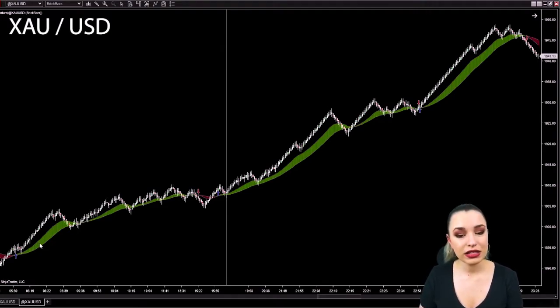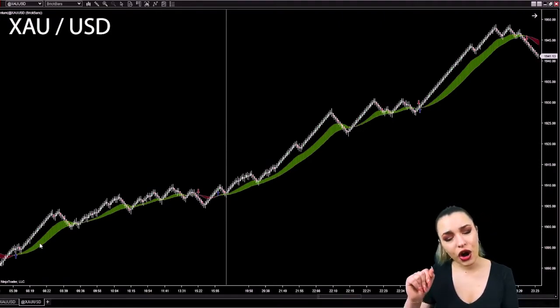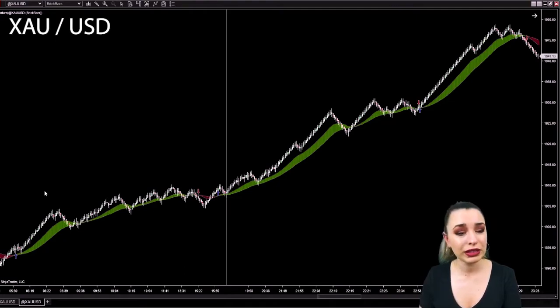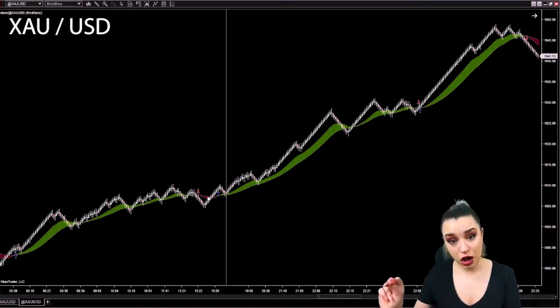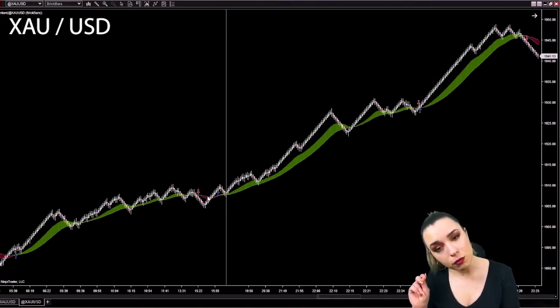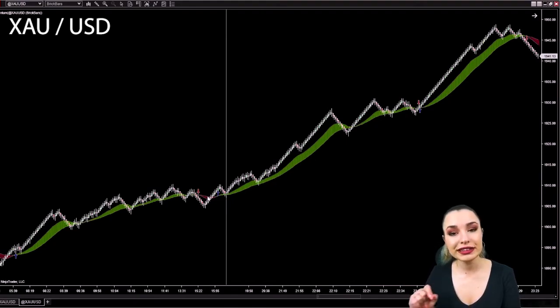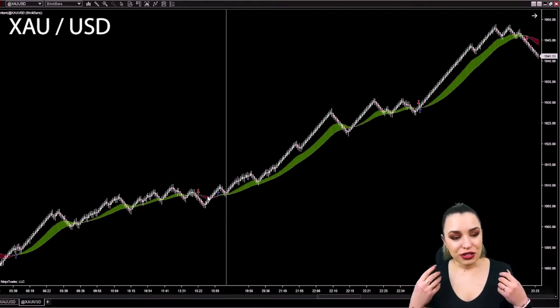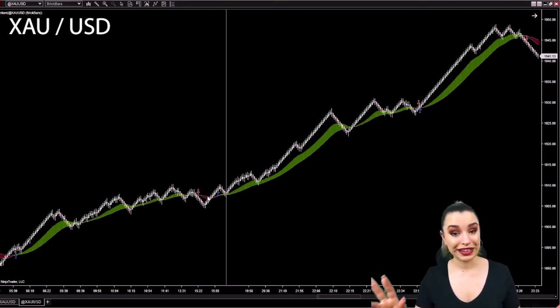This started with a potential of 1890 in terms of price and has gone all the way up, with an exception of a really small downward trend, which didn't really count. It went all the way to the top to an incredible point of 1950.